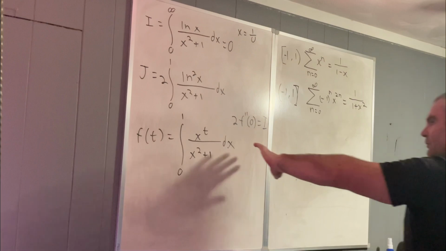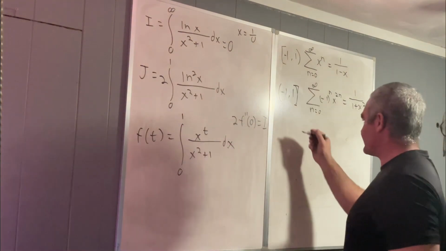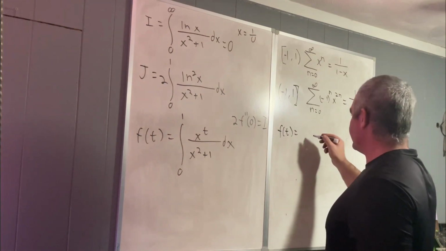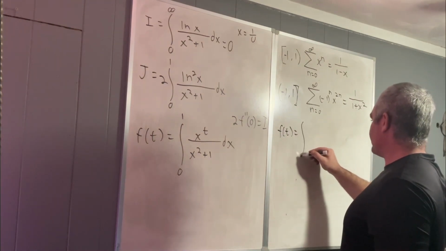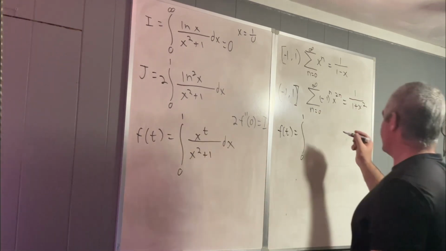So we can pretty much just rewrite our f of t like this. F of t is equal to, we'll still have the integral from 0 to 1. And then let's write this first.